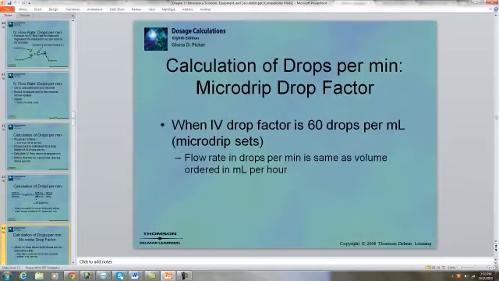If you're dealing with the micro drip drop factor, so when the IV drop factor is 60 drops per milliliter, then the flow rate in drops per minute is the same as the volume ordered in milliliters per hour.